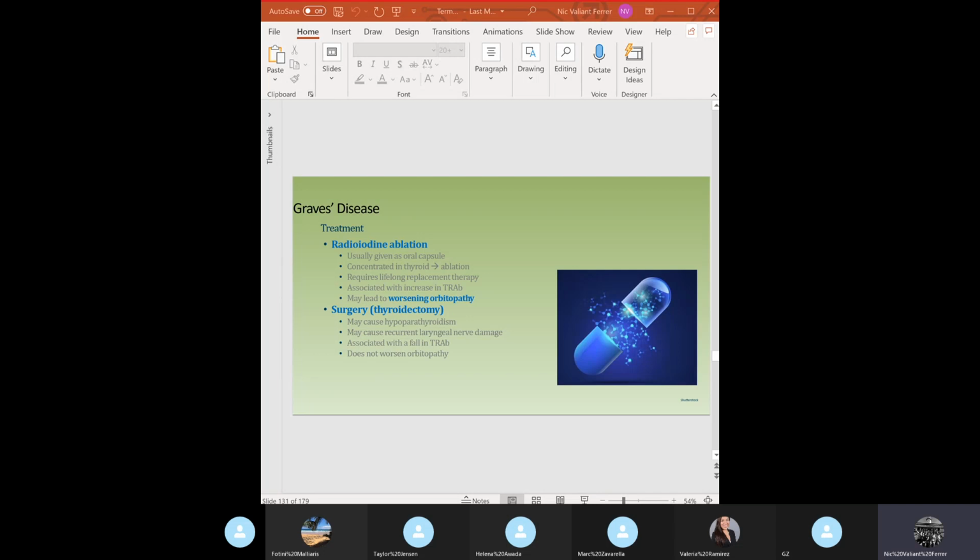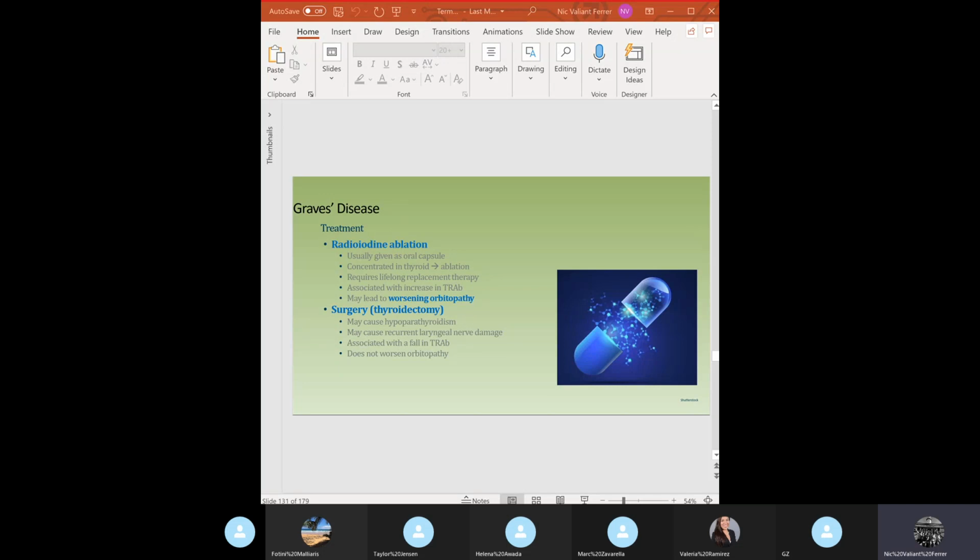Remember your thyroid, you have the tracheoesophageal groove, right? Behind that. What nerve traverses that tracheoesophageal groove, behind the thyroid? The recurrent laryngeal nerve, of course, right?